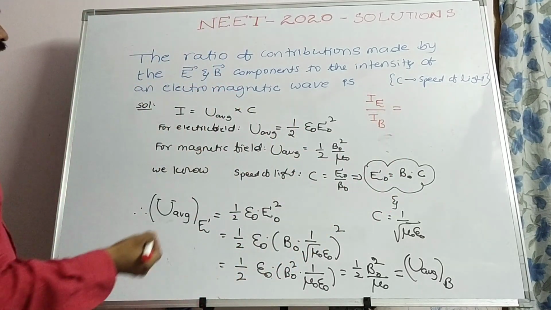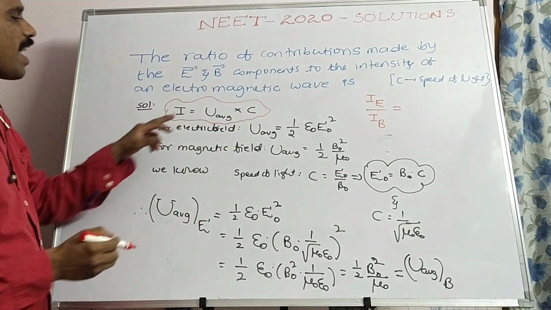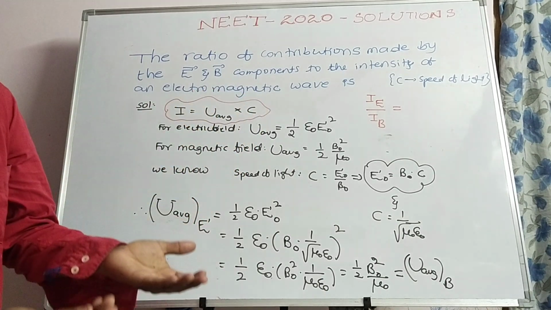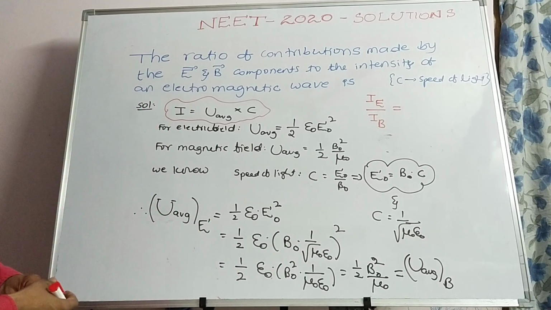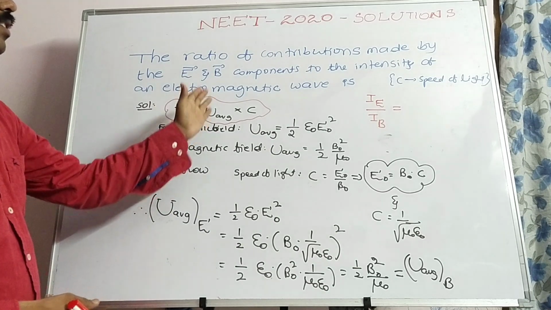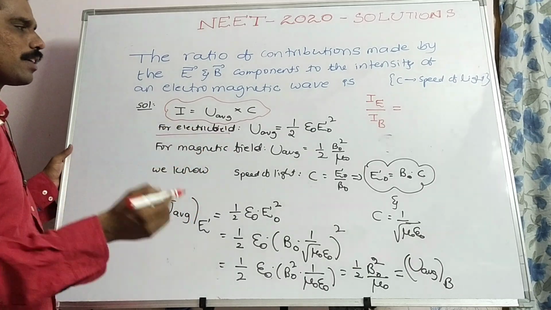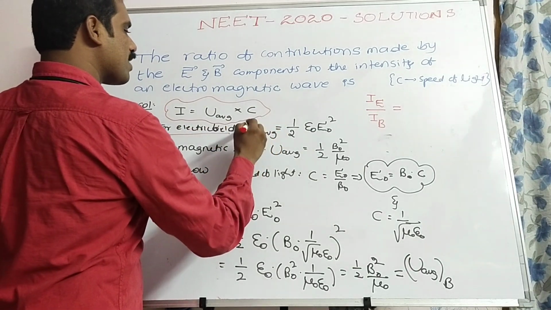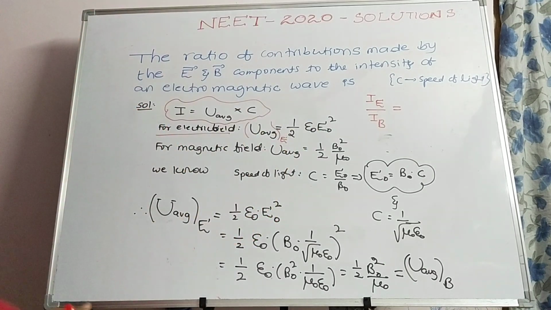In general, the intensity of an electromagnetic wave is equal to the average energy of either the magnetic field or the electric field, into the speed of light. So intensity I is equal to energy into speed of light. For the electric field, U average of E is equal to half into epsilon naught into E naught square.